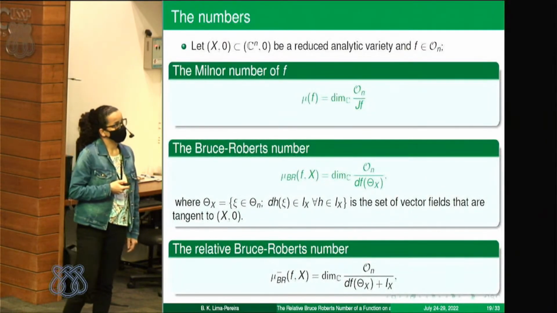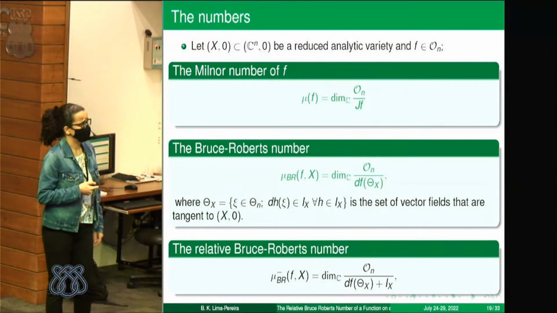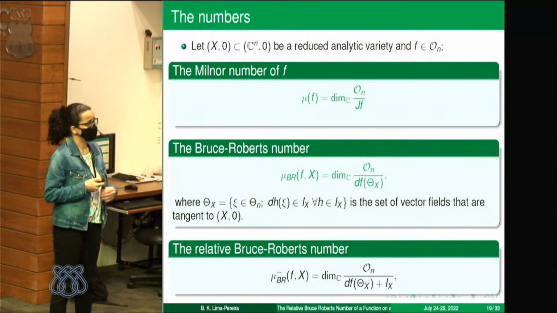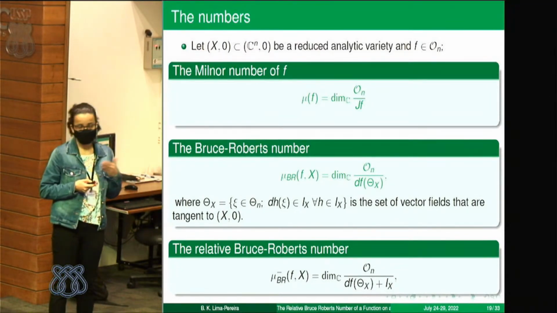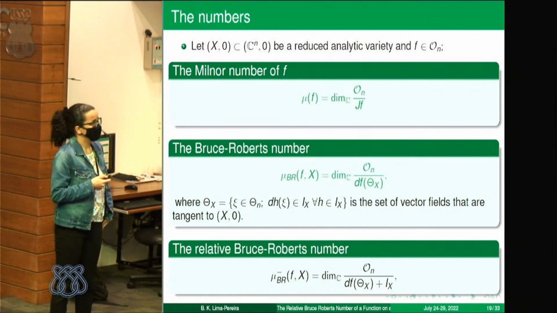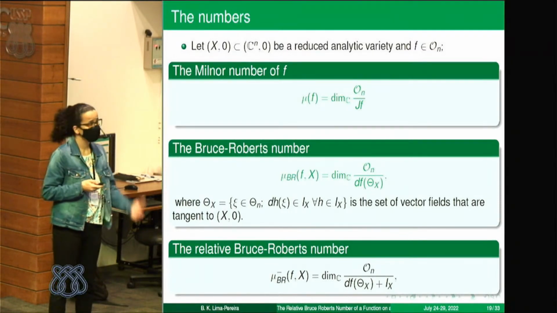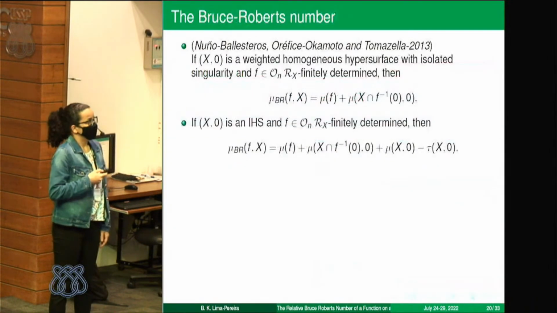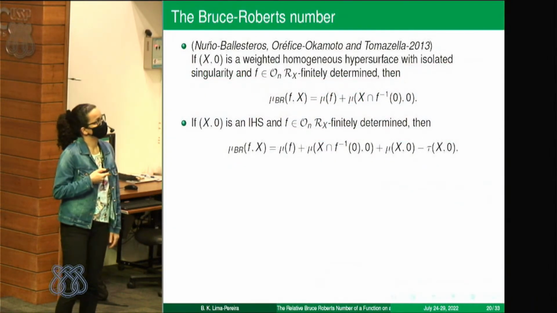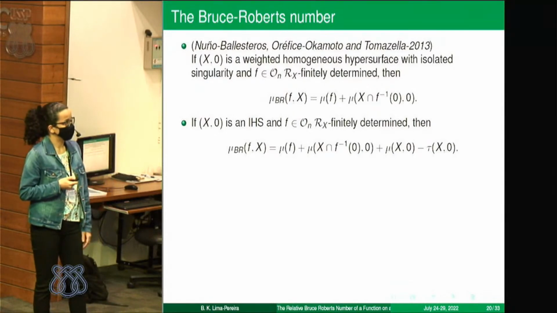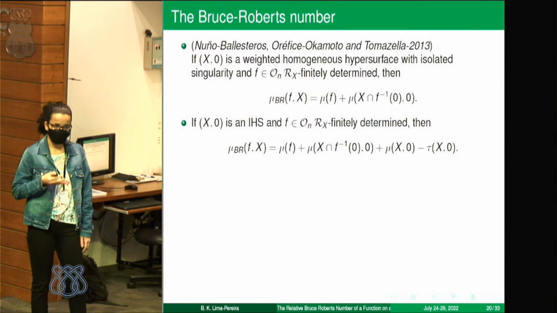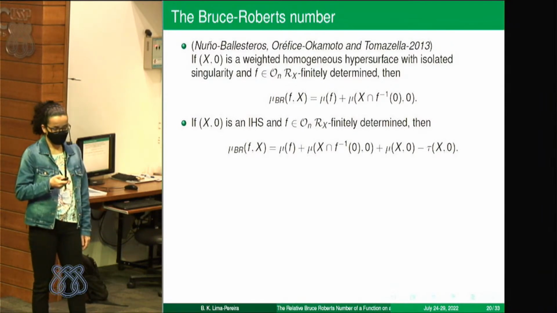So now I will talk about the Bruce-Roberts number of F with respect to an ICIS and the Milnor number. So now my objective is to prove a relation between these numbers, okay? We know about the relation between these numbers when X is an isolated hypersurface singularity, okay?